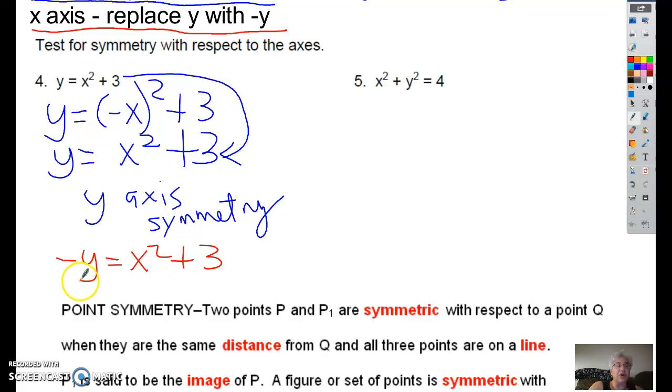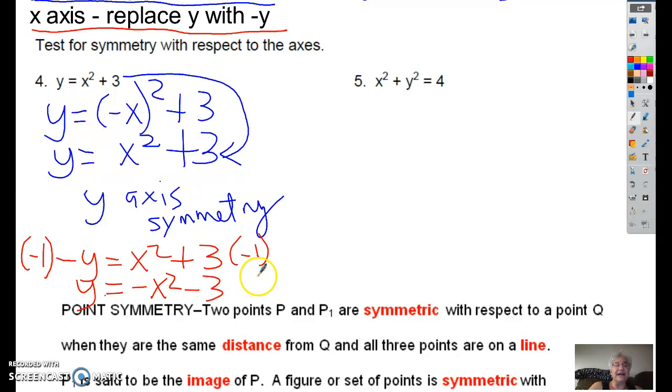So I can never have an equation that equals negative y, so that means I have to multiply both sides of the equation by negative 1 so that I can get y equals, because negative 1 times negative y is positive y. And then I have negative x squared minus 3.